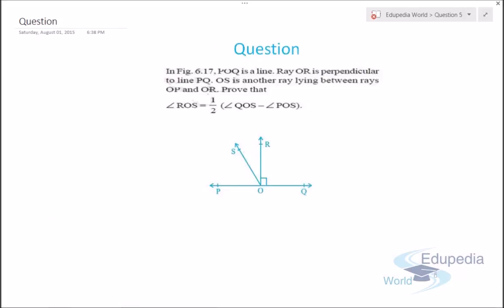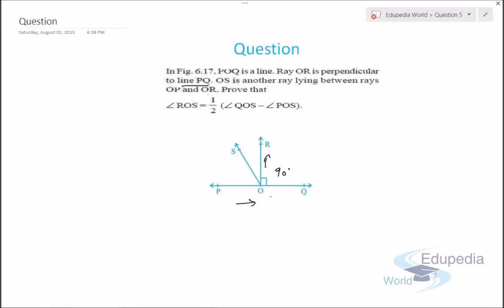In this question it's given that POQ is a straight line. So this is a straight line, and ray OR, this ray, is perpendicular to the line PQ. So this is the line PQ. It's perpendicular, means angle ROQ is 90 degrees.